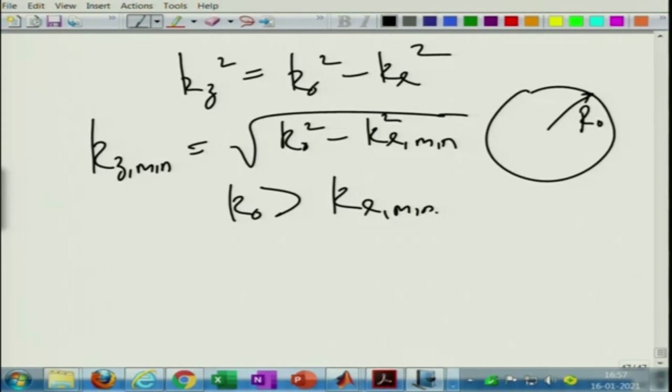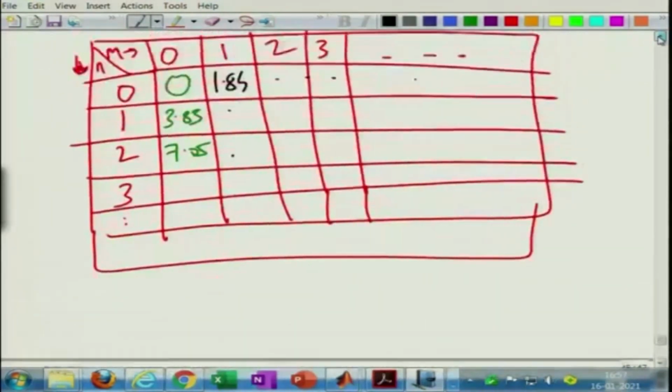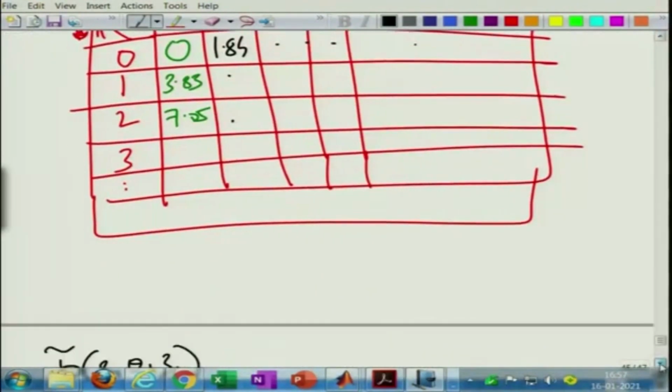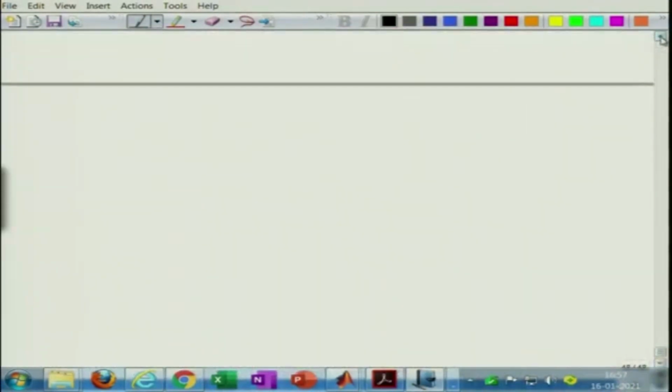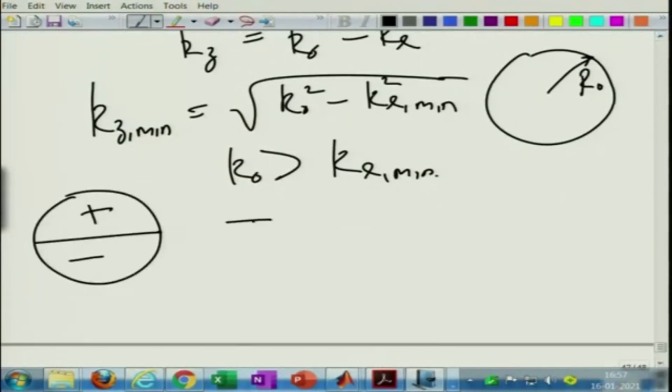As it turns out, like I mentioned in the preceding table, this is the lowest value. So, basically what it means is that the first mode is the circumferential mode, with variation like this. This corresponds to J1(Kr10 r). So, what is that value?